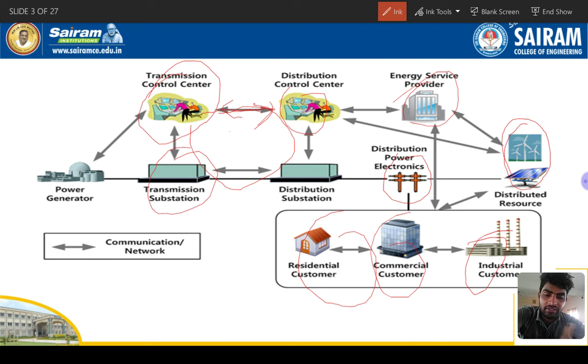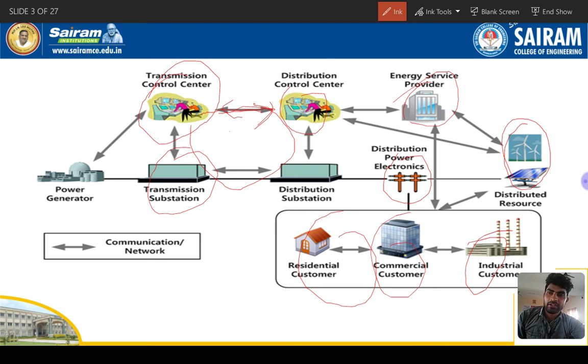Because everything was manual. Suppose you gave 1,000 rupees to the bill meter reader, he used to reduce the number of usage units; he'd just write it with his pen and give the bill to the consumer. Those things were happening 10 years back.